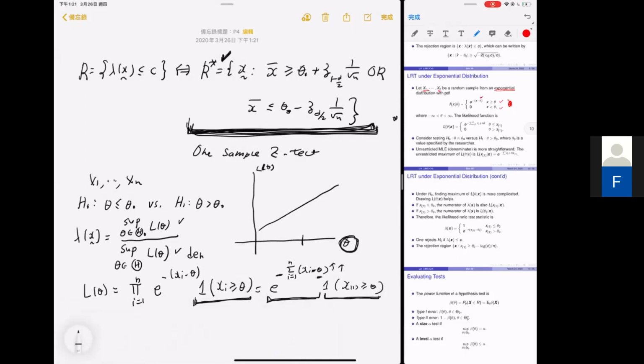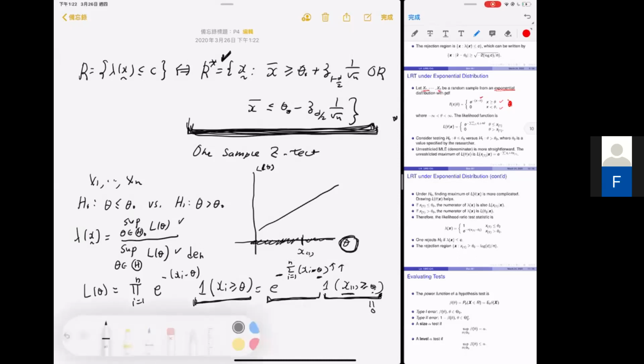That means you pin down what x1 is. Then look at this guy right here, a function of theta. Theta smaller than x1, that's a value. If theta is bigger than x1, the whole thing becomes 0.